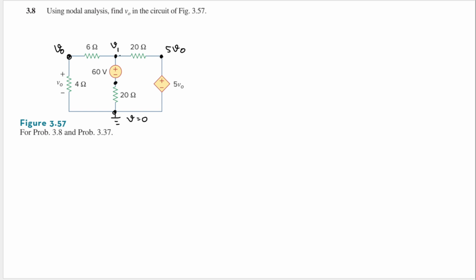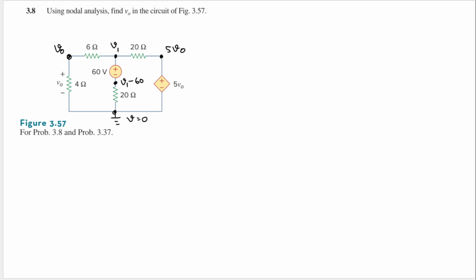Remember, the difference between the positive terminal and negative terminal of a voltage source has to be this value here, which is 60 volt. So we will have this as V1 minus 60, because if we subtract them, we will get 60, right?